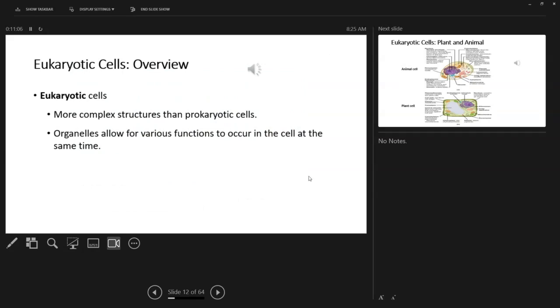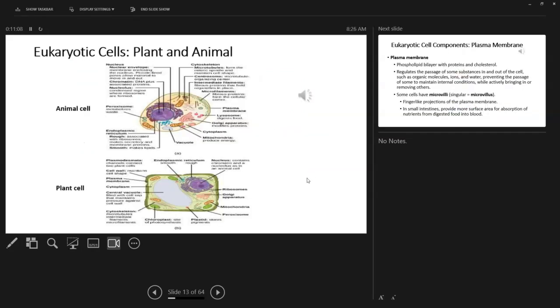Okay, so here's an animal and plant cell compared. Animal and plant cells are both surrounded by a plasma membrane, but what the plant cell has that the animal doesn't have is the cell wall to the outside of the plasma membrane, and that's made of cellulose, a polysaccharide.